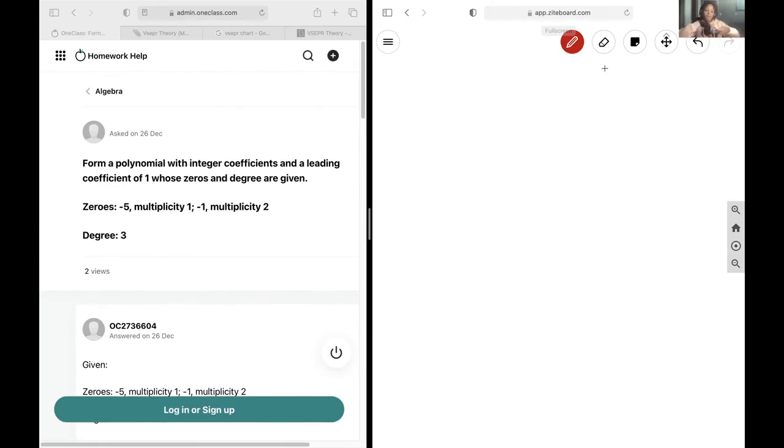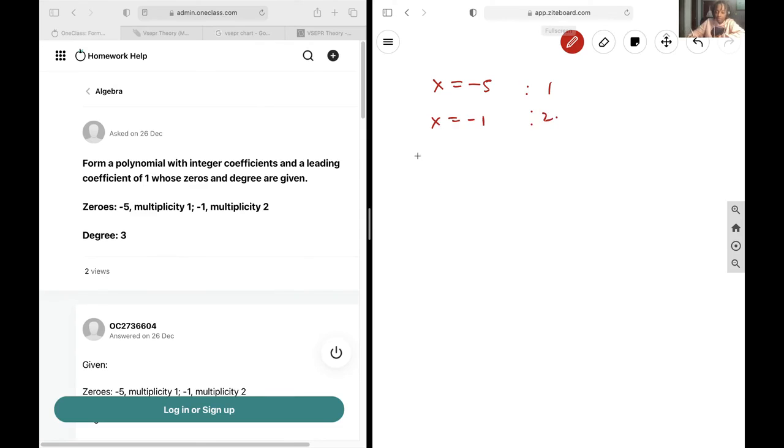Okay, next up we have a polynomial with integer coefficients and a leading coefficient of 1 whose zeros and degree are given. So we have x is equal to -5 with a multiplicity of 1, and x is equal to -1 with a multiplicity of 2.